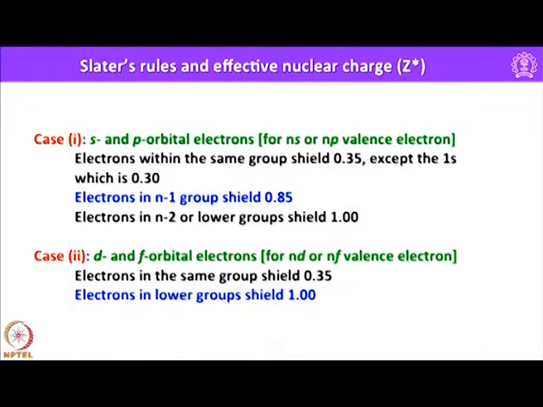In case of s and p, we are considering both the n-1 group and n-2 group and the rest as separate units, whereas in case of d and f we are considering only 2 cases: the shielding of the electrons within the same group and the shielding in lower groups. No matter how many electrons are there, they simply have to be multiplied by 1 to get the value.